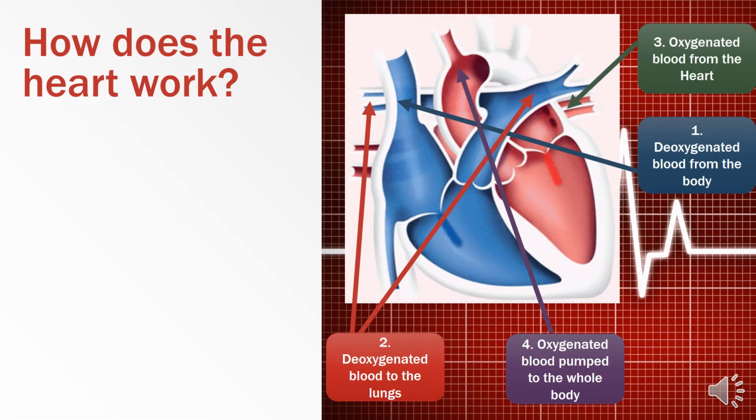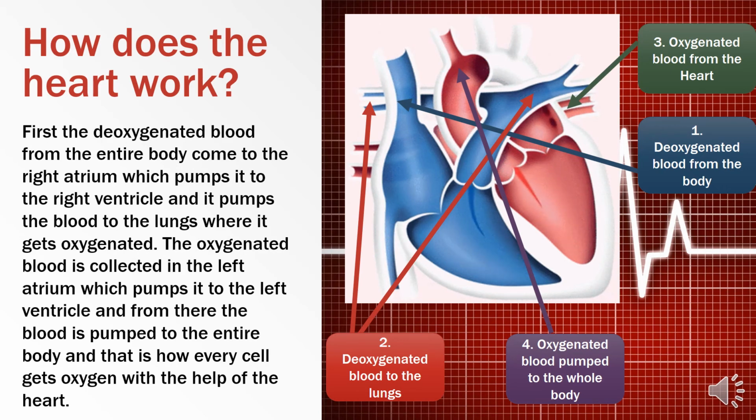So let's get into how the heart works. So first, the deoxygenated blood from the entire body comes to the right atrium. The deoxygenated blood comes to the right atrium, which pumps it to the right ventricle, and it pumps the blood to the lungs, where it gets oxygenated.